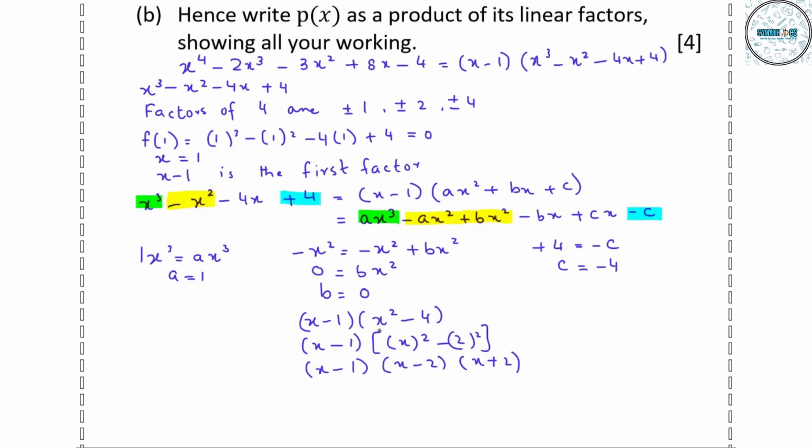We have used the identity here: a squared minus b squared is equal to a minus b, a plus b. So we have factorized this expression, which is p of x.